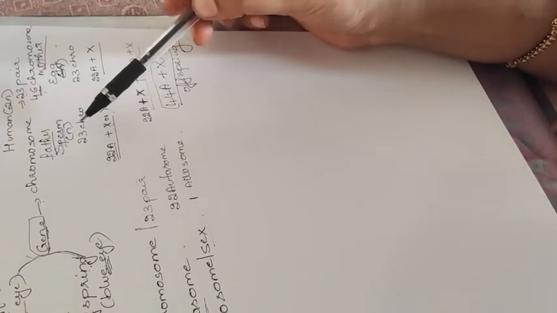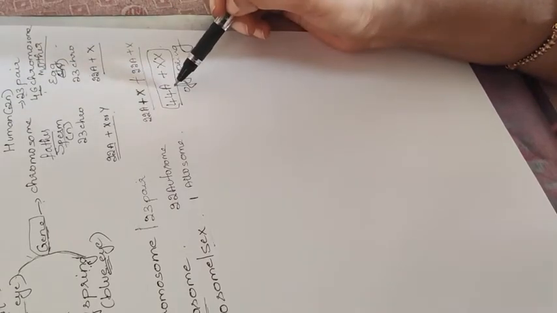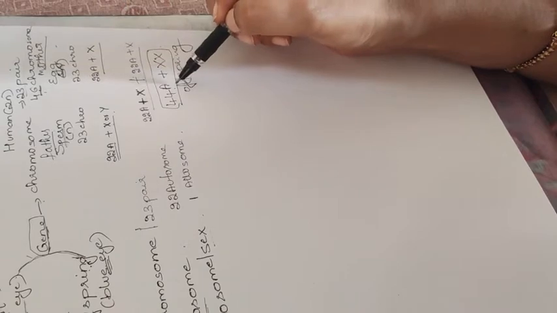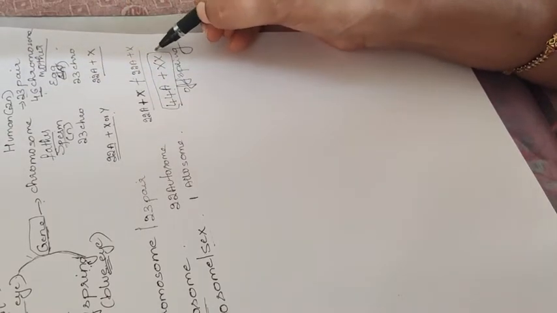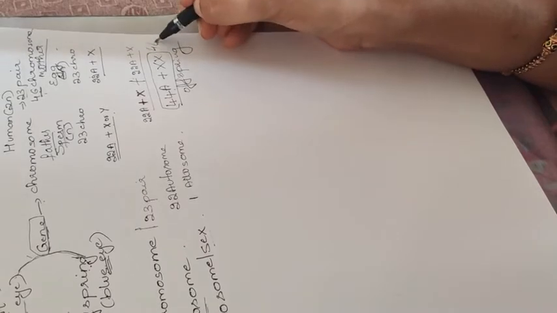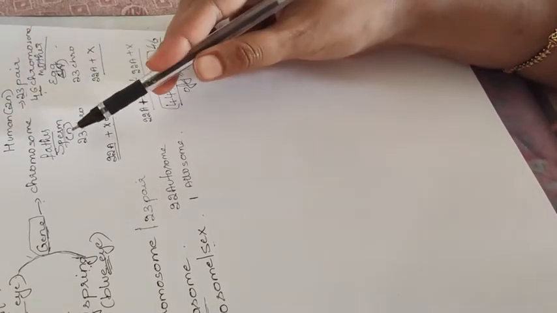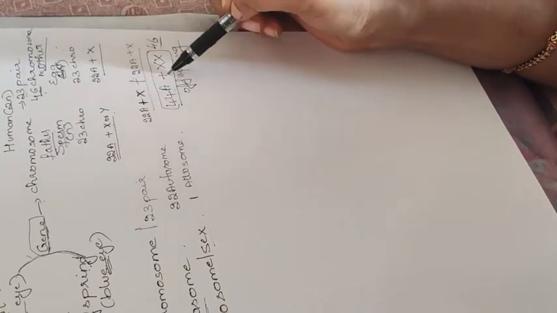See, when the gametes fuse, the chromosomes are coming from here, 23 we have got from the father and the remaining 23 chromosomes from the mother. Now totally how much is it having? It has 44, 45, 46. Totally the offspring is having 46 chromosomes. Out of 46, 23 are coming from the father, another 23 from the mother.